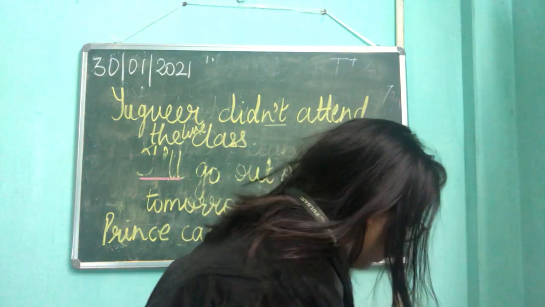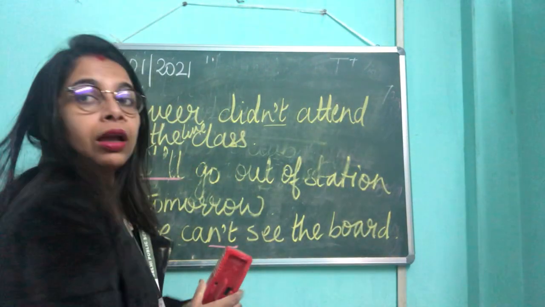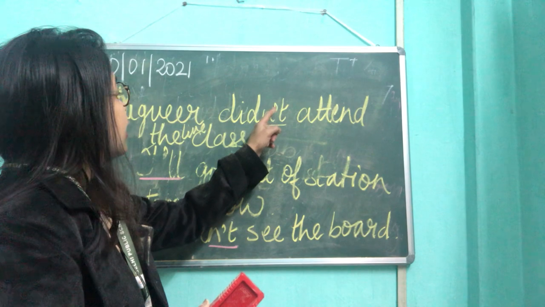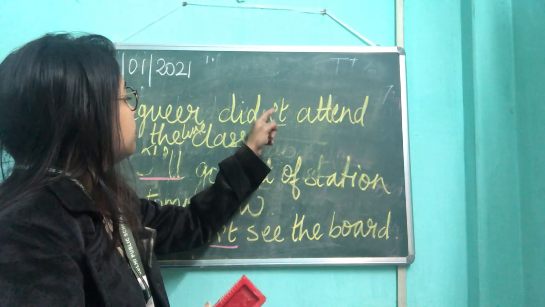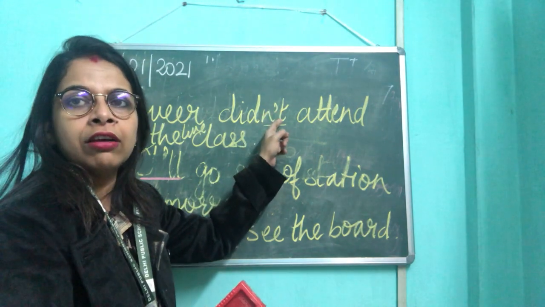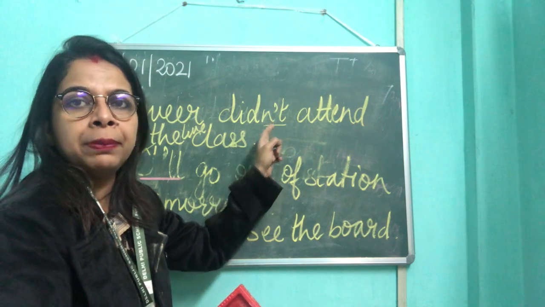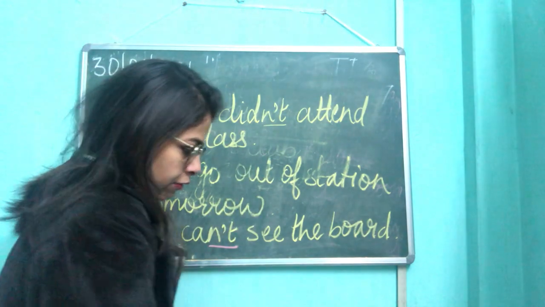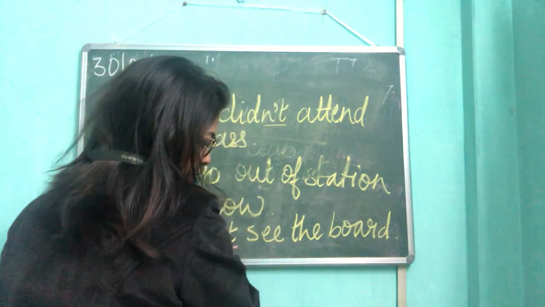You are shortening. So contraction means it is symbolizing the missing letter with your helping verb. Now let us take the example on page 101, children.